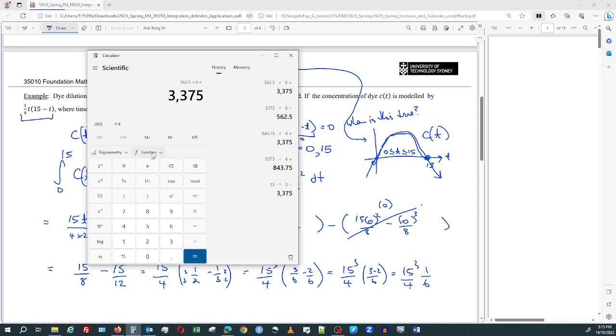Let's just clear all that away. 15 to the power 3 is 3375.